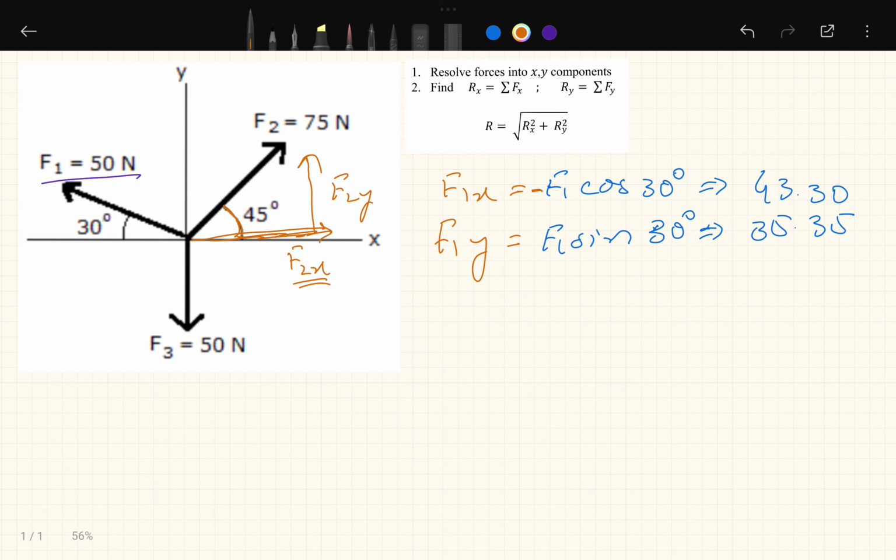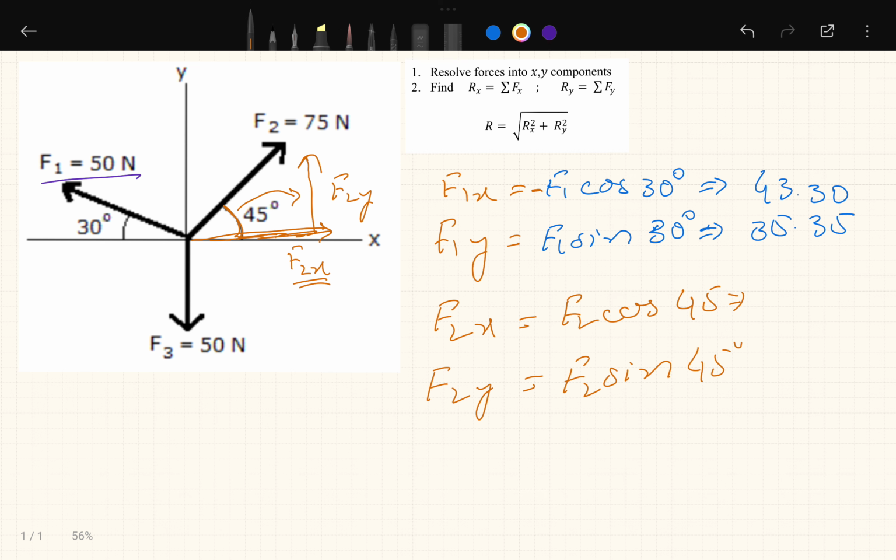F2x is equal to F2 cos of 45. We are using cos because it is adjacent to the angle. The second component will be F2y, which is equal to F2 sine 45, because the angle is perpendicular to this component. Let's calculate that. F2 in this case is actually 75, so I will replace F2 with 75.